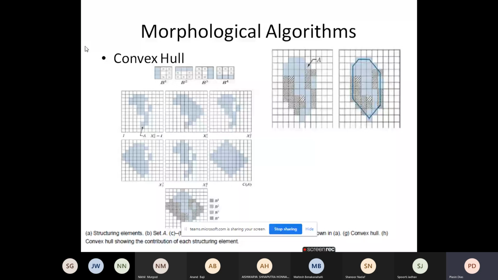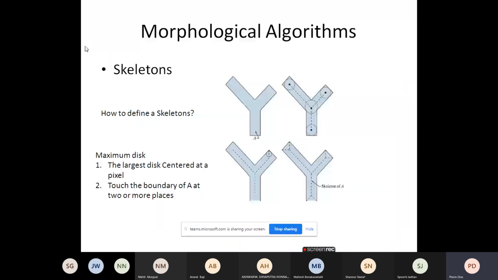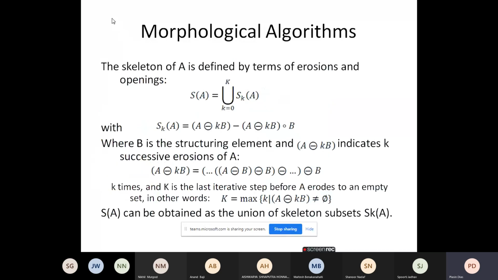Second thing we have seen is regarding skeleton, wherein we are considering a maximum disk. Okay, and normally the maximum disk will be placed at the center of the pixel or skeleton structure, and whenever it touches the boundary of A at two or more places, we consider that disk as the maximum disk in skeleton. So how do you mathematically define a skeleton of A?